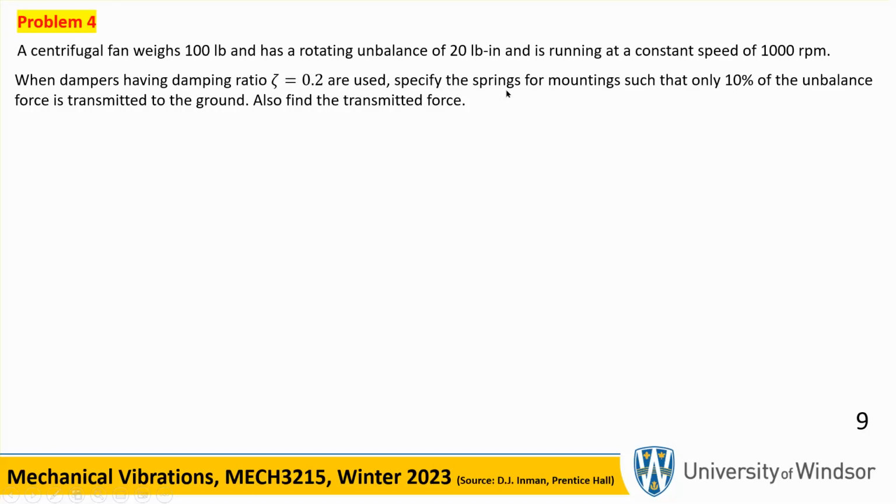And we want to specify the springs for mountings, such that only 10% of the unbalanced force is transmitted to the ground. Now remember, 10% of the transmitted force means that big Ft over F naught is 10%.